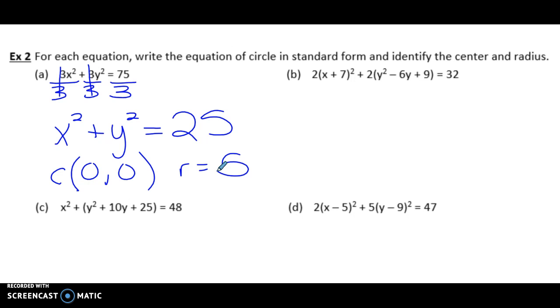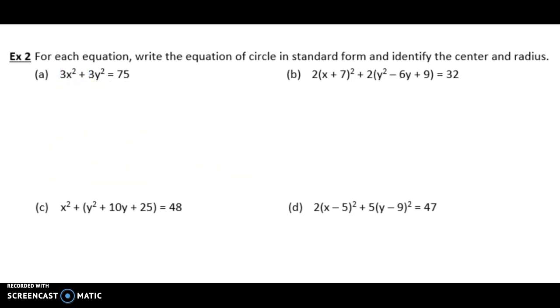Two things are wrong with 2B. What's one of the things that we need to fix? Yeah, we can go ahead and divide away the 2's. So each term I'm going to divide away the 2, which leaves me with x plus 7 squared. In order to be in standard form, it needs to be a binomial squared. So we need to factor it.